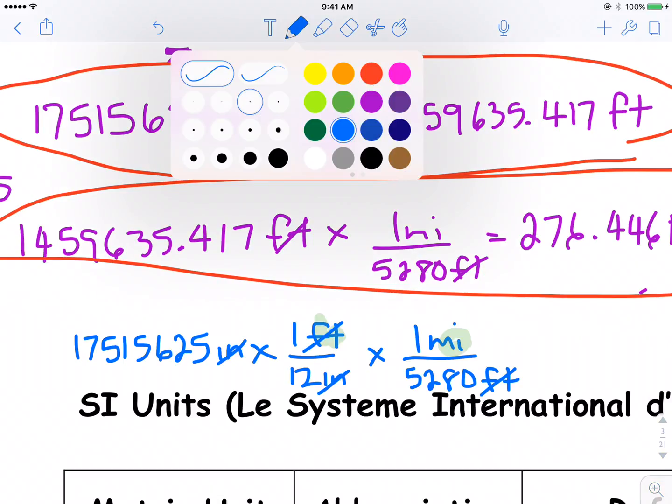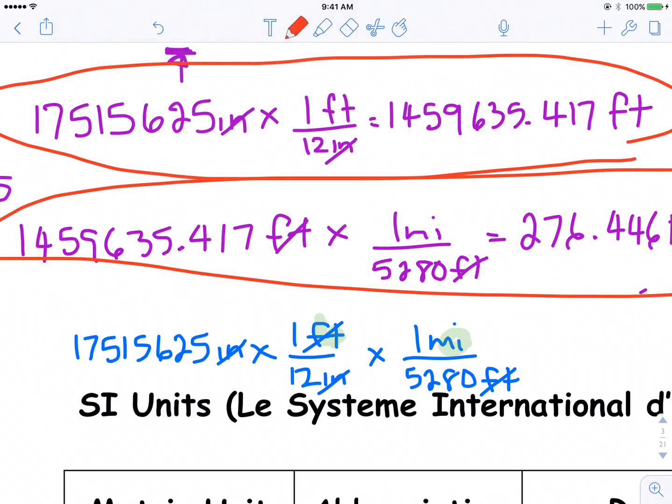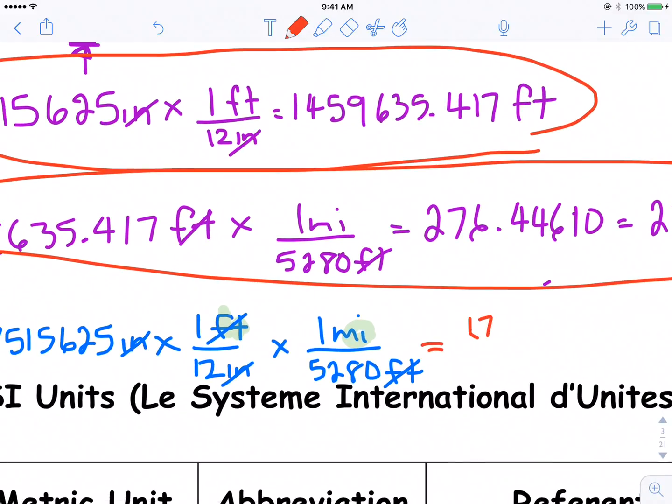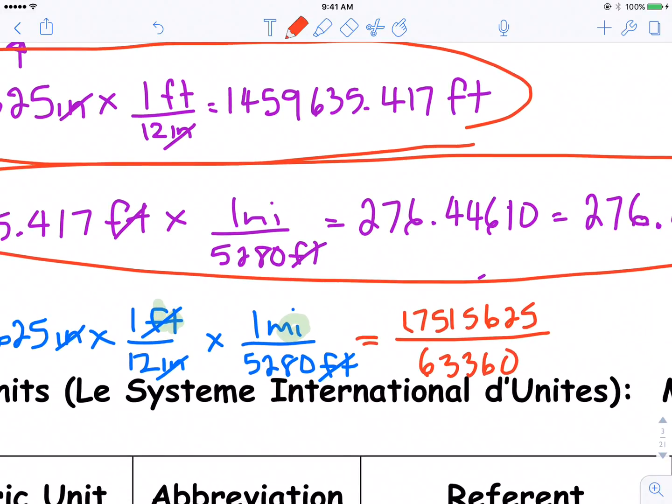So now I can just simply multiply straight across the top, straight across the bottom, gives me 17,515,625 over, well, what's 12 times 5280? 63,360, and my units would be miles because that's all that's left over.